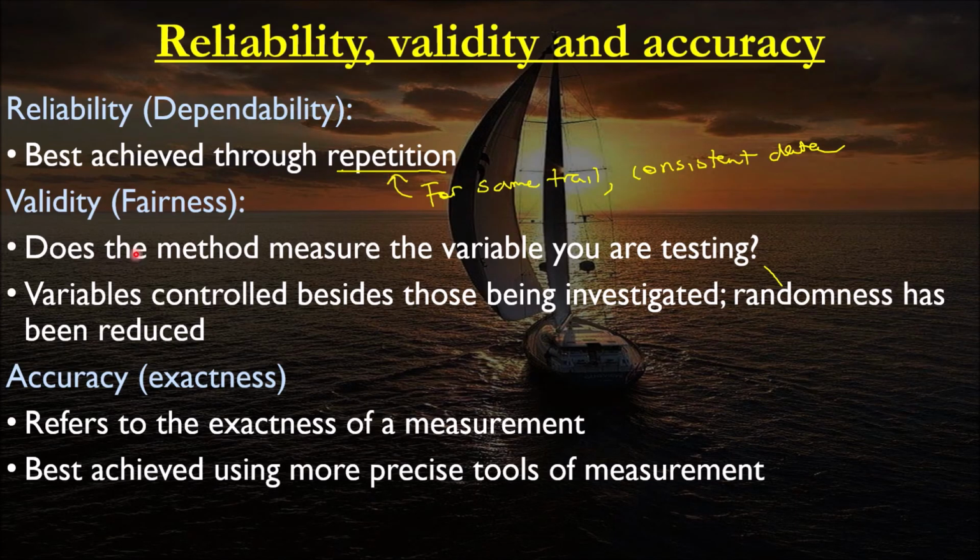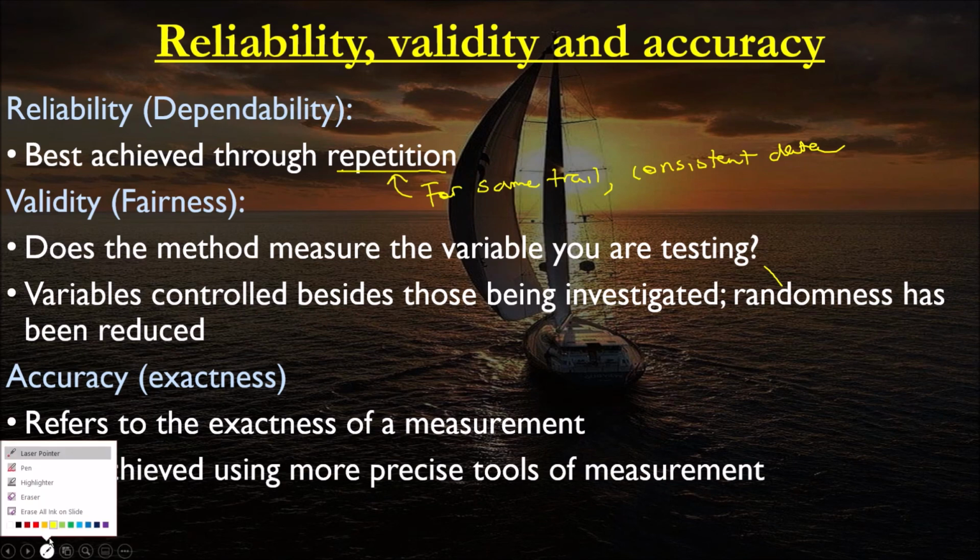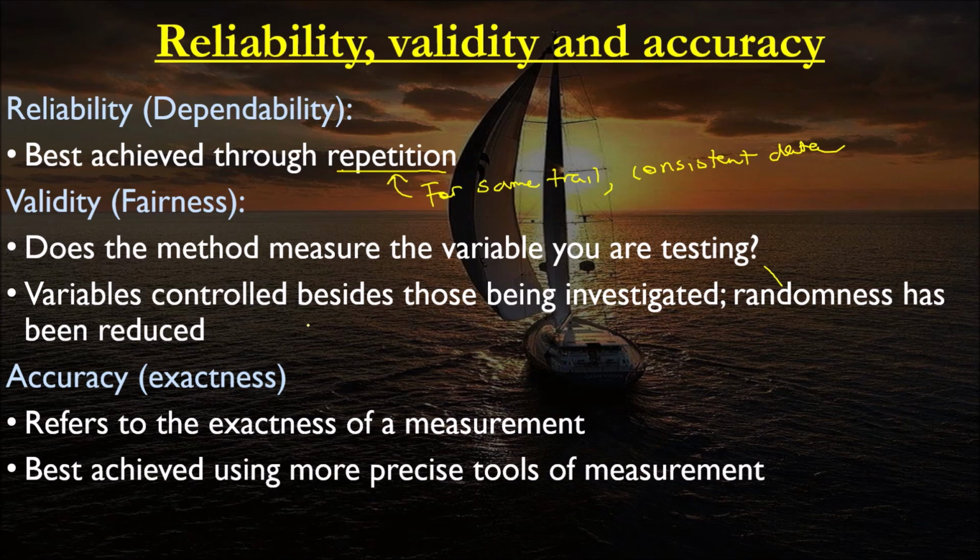The next one we have is validity. Does the method measure the variable you're testing? So have you made everything controlled and only have one independent variable? That's quite important. So if it's a valid experiment, you can only have one independent variable. Everything else needs to be controlled. Did you do that? The last one is accuracy.